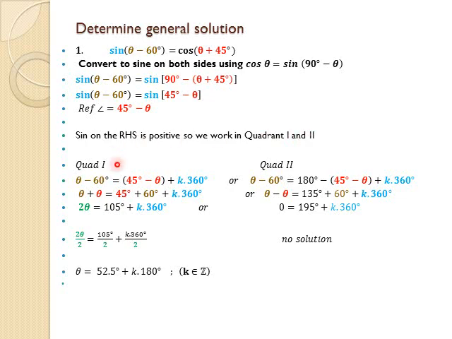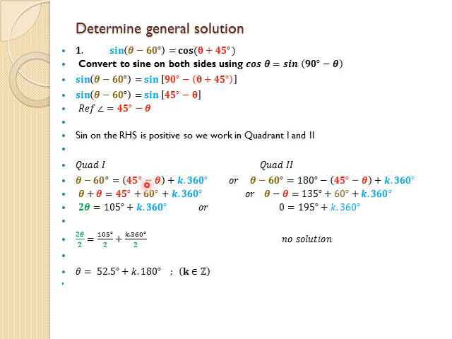In quad 1, theta minus 60 equals my reference angle, 45 minus theta, plus k times 360. Remember sine has a period of 360. Quadrant 2, theta minus 60 equals 180 minus my reference angle, 45 minus theta, plus k times 360.